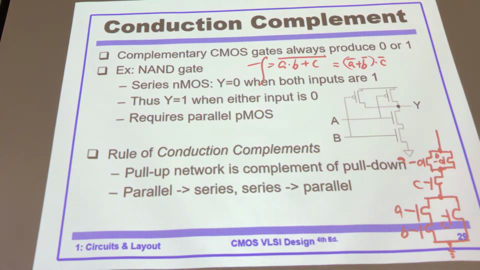So that's why in a CMOS gate, the pull-up network and pull-down network are complements of each other. Just like in a Boolean function, apply De Morgan's law on the equation and you get the complementary equation. Okay, any question? Ready?